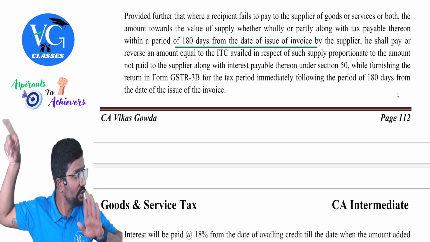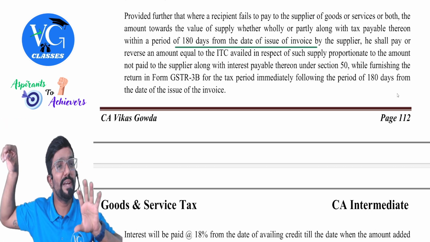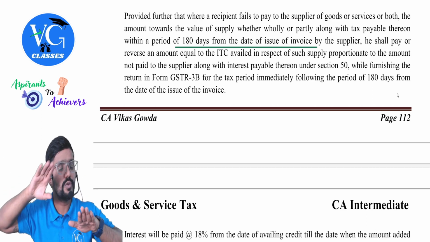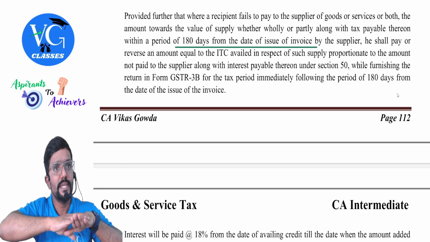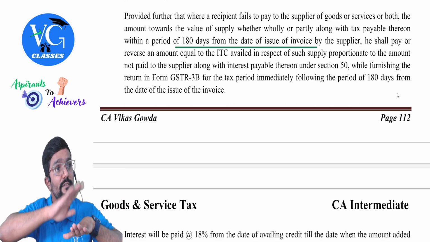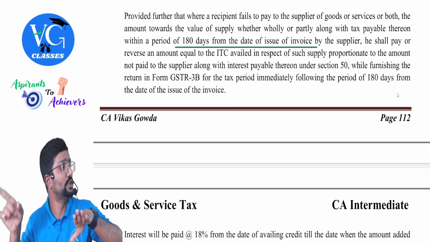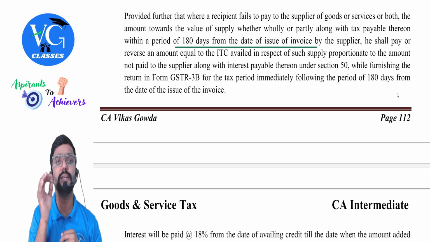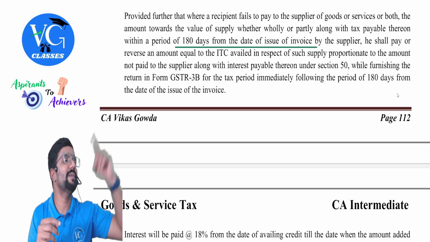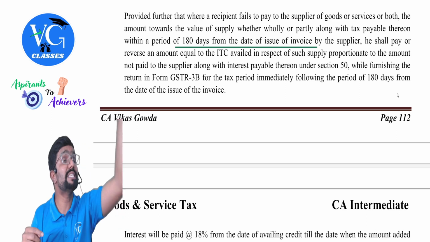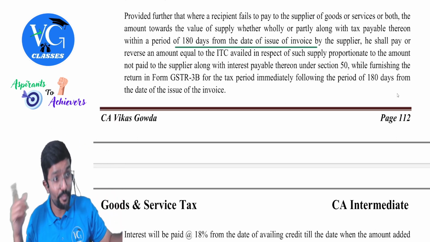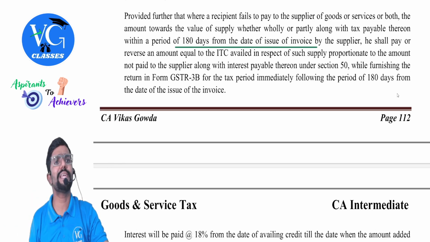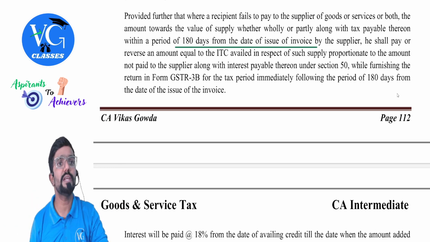In that, he has to reverse. Guys, reverse in the sense, whatever he has already claimed as credit has reduced his liability, right? Now you pay that, through the electronic cash ledger.